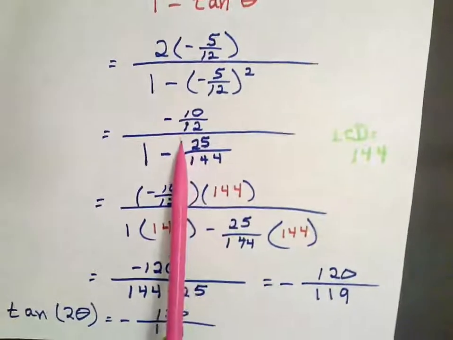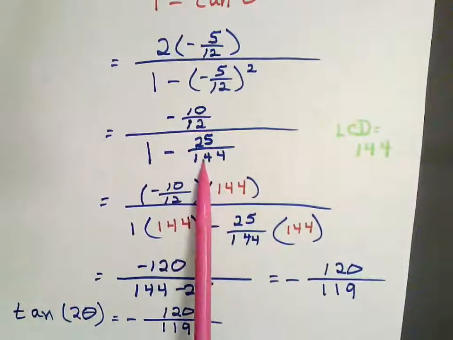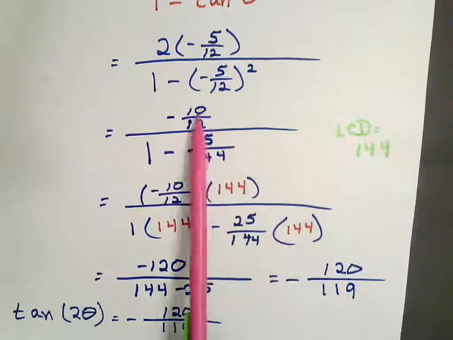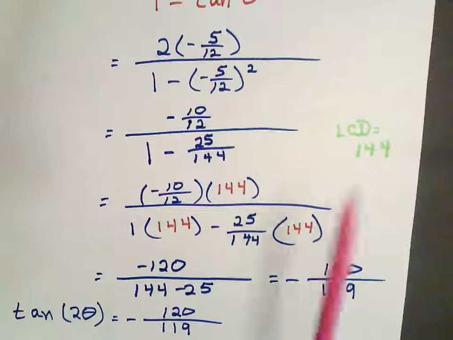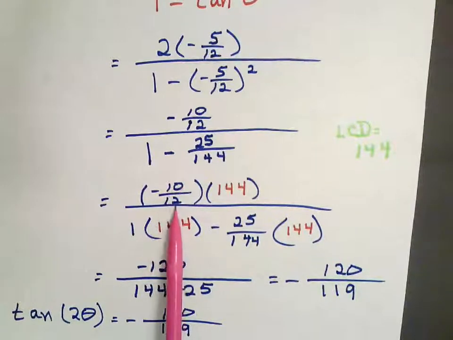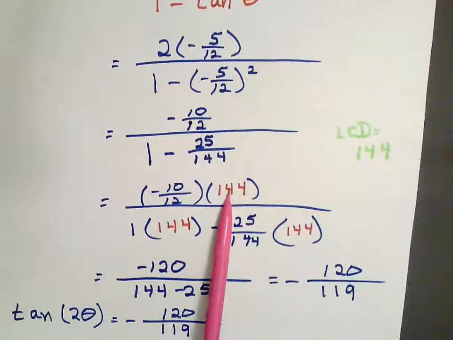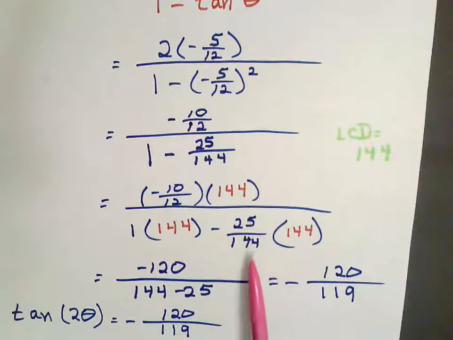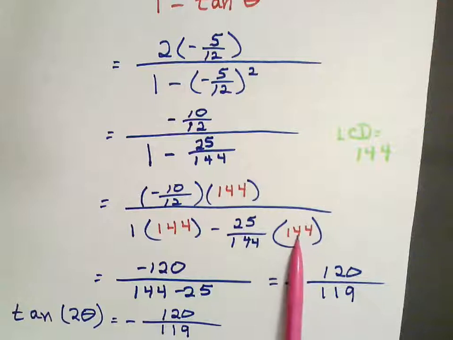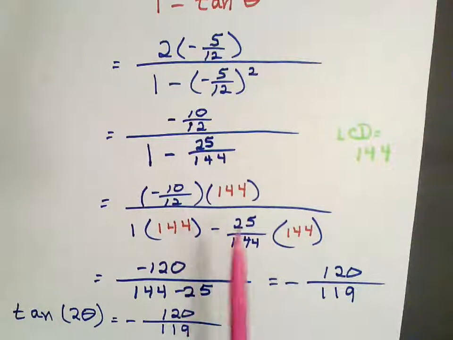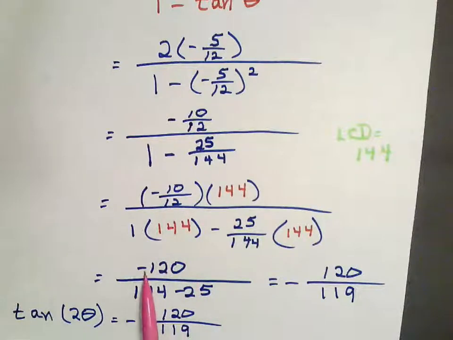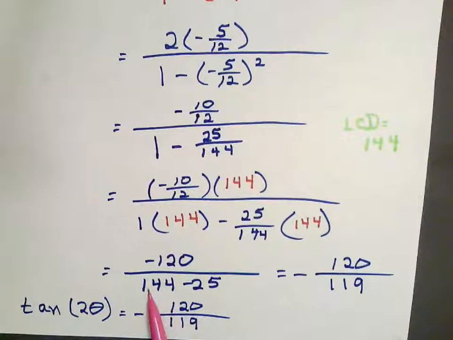You have a denominator of 12 here and a denominator of 144 here, so the least common denominator will be 144. I multiply all three terms by 144. Negative 10 over 12 times 144, 1 times 144, and negative 25 over 144 times 144. 12 goes into 12 once. 12 goes into 144 twelve times, and 12 times negative 10 is negative 120. 1 times 144 is 144.